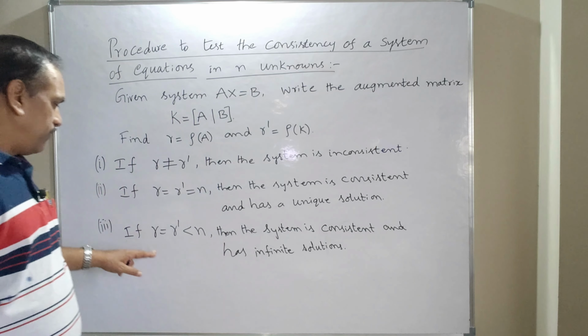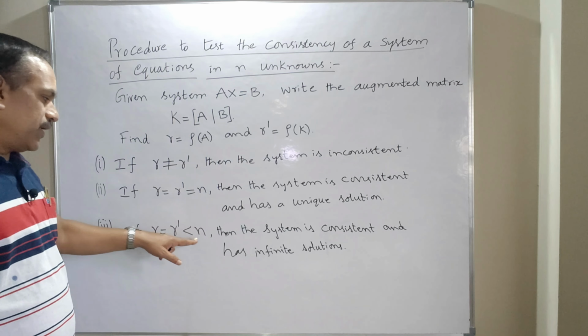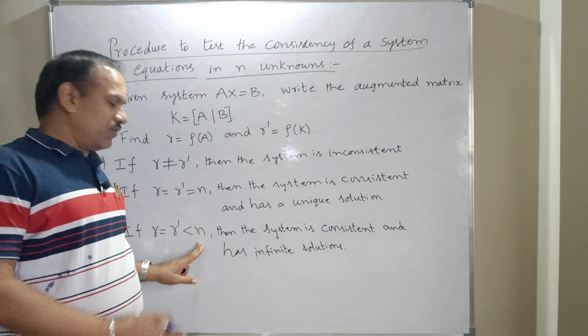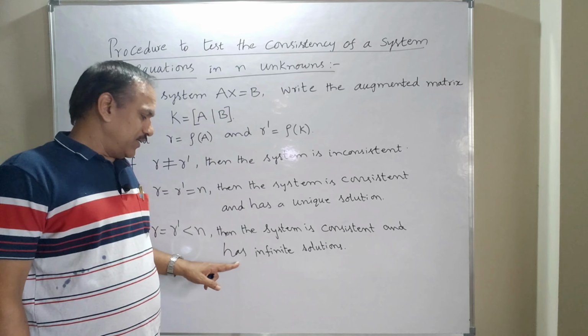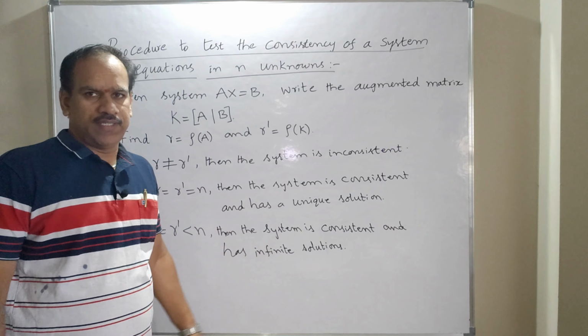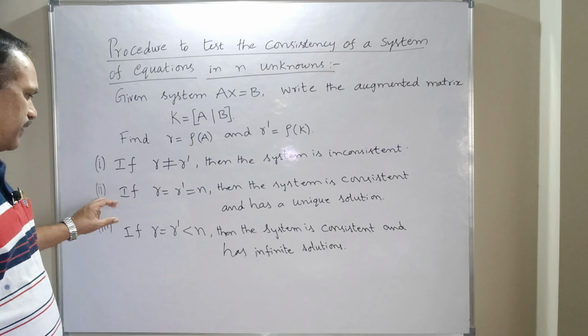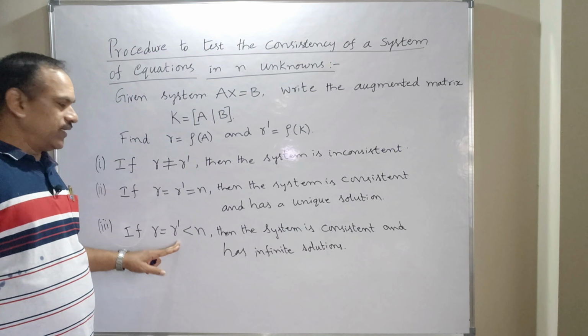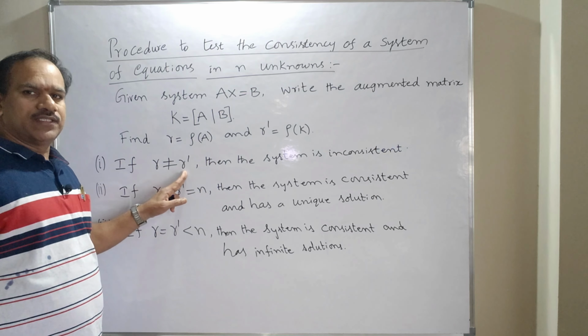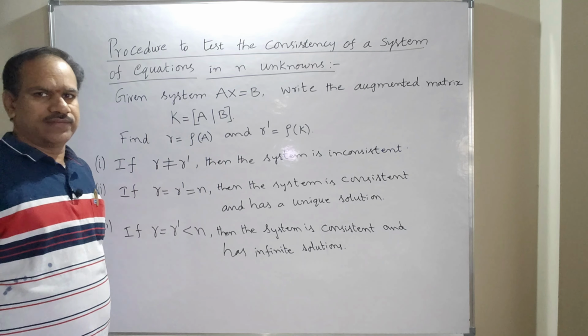If R is equal to R dash but less than n, less than number of unknowns, then the system is still consistent and it has infinite solutions. So when R equal to R dash, the system is consistent. R is not equal to R dash, system is inconsistent.